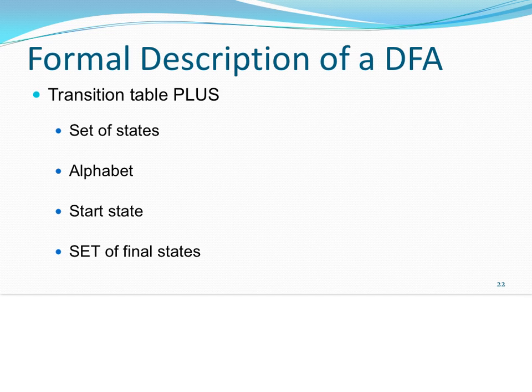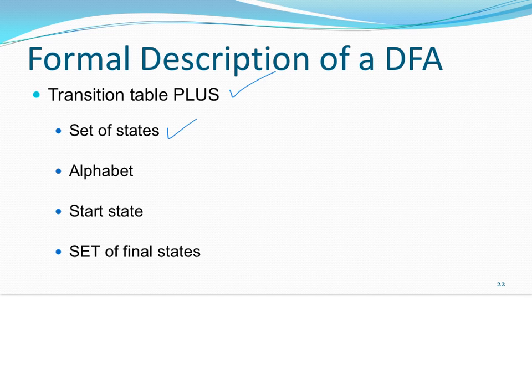So if we want to formally describe our DFA, we are going to give 5 different pieces of information. I'm going to tell you what's my transition table. I'm going to show you that transition table. I'm also going to tell you what are the names of all of my states.